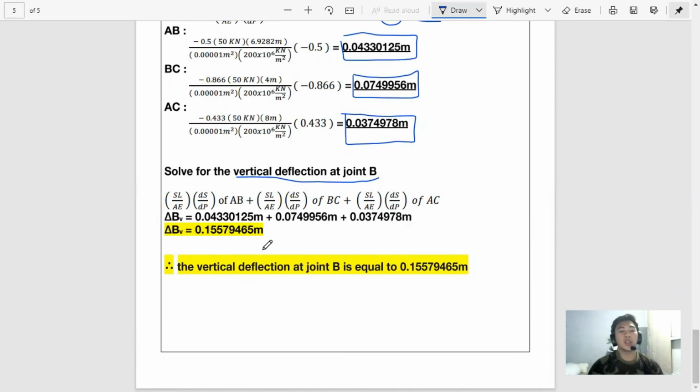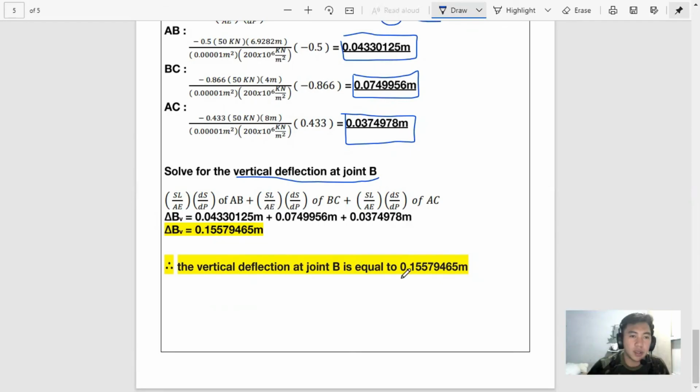Therefore, the vertical deflection at point B is equal to 0.111557945 meters. I hope you understand, and thank you for listening.